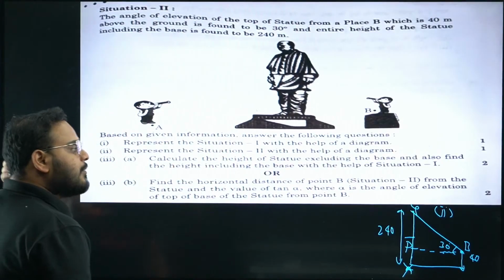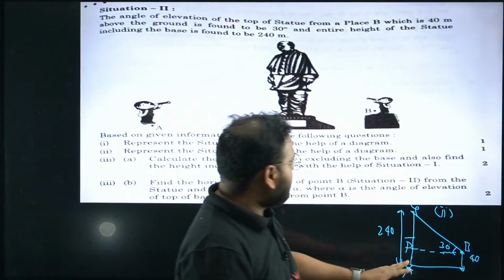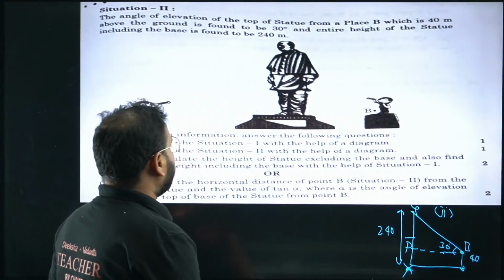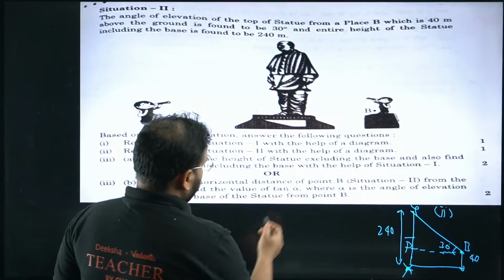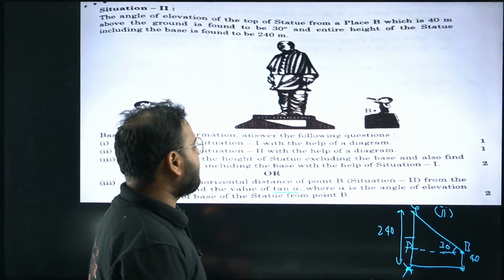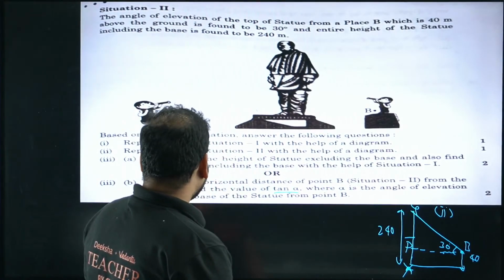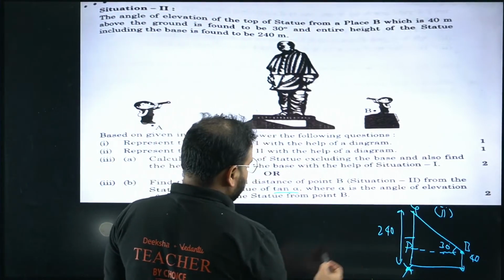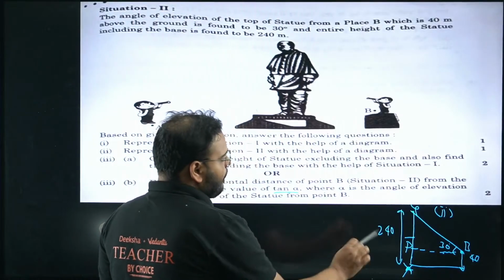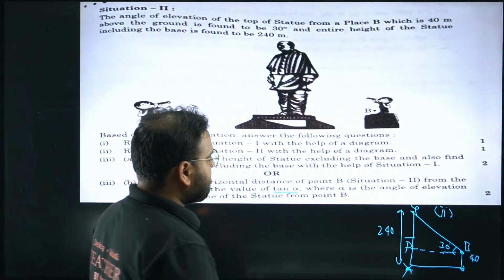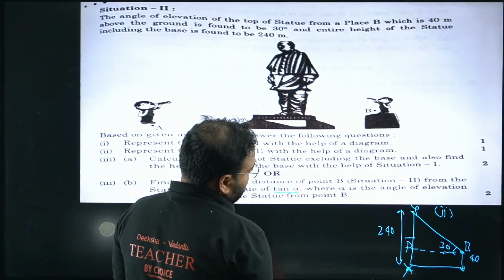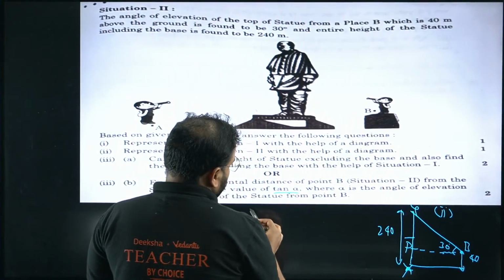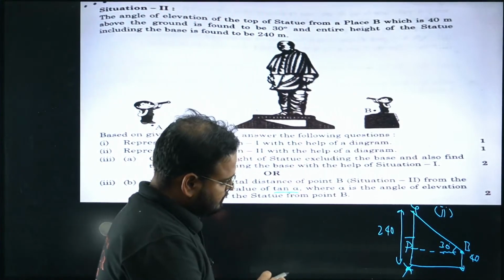Find the horizontal distance of the point B from the statue and the value of tan alpha, where alpha is the angle of elevation of the top of the base of the statue. Please check here, if I do only this part I can find this. It will be tan 30.